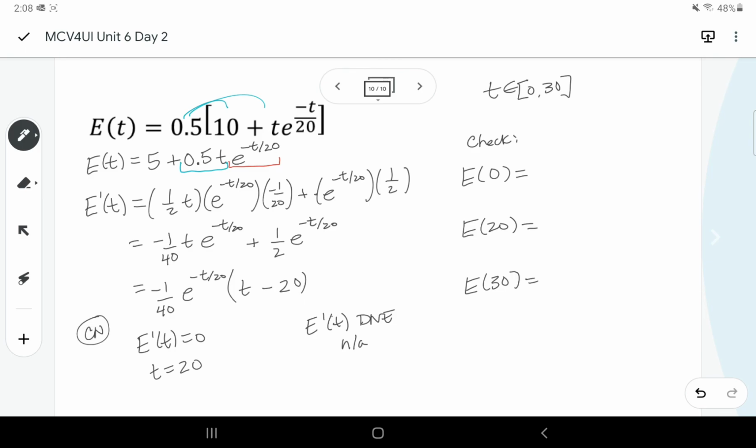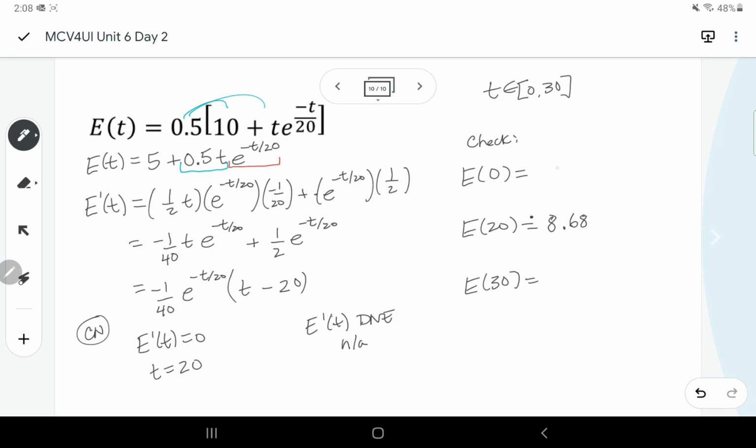So if you take a 0, sub that into your original function, take a 20, sub it into your original function. So my best value is 20, because I get about 8.68.